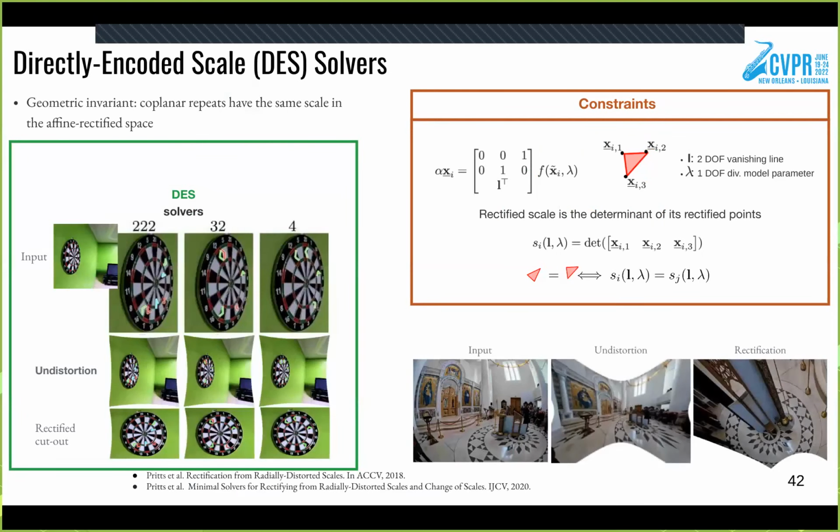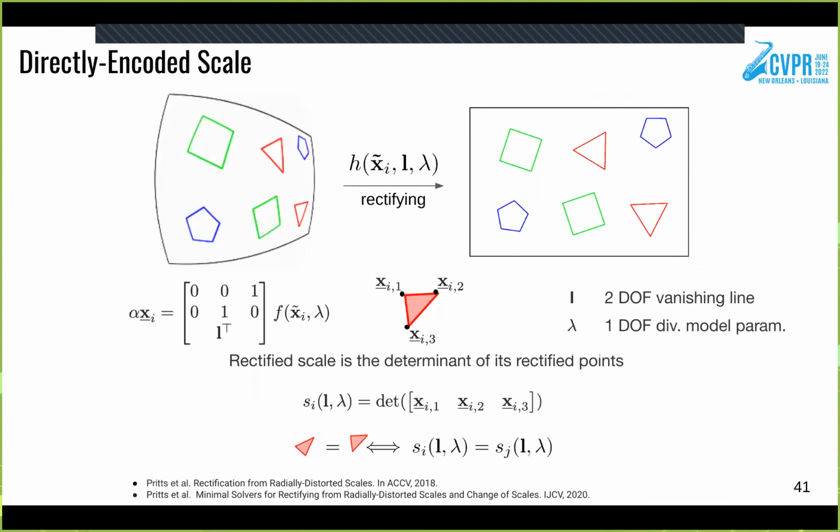So what do we mean by X underline? X underline, the underbar, is the affine rectified point. X tilde is the distorted point in the image space. And the last coordinate of X underline is 1.